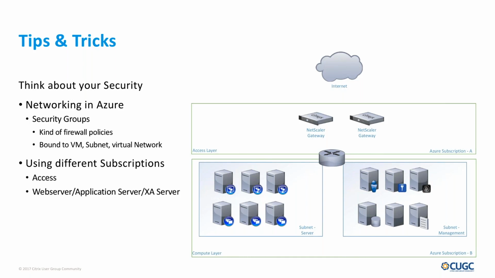You can split this off and use an access layer and a compute layer in different subscriptions to get higher security. Then you need a routing instance which will route the traffic between your servers and your NetScalers.